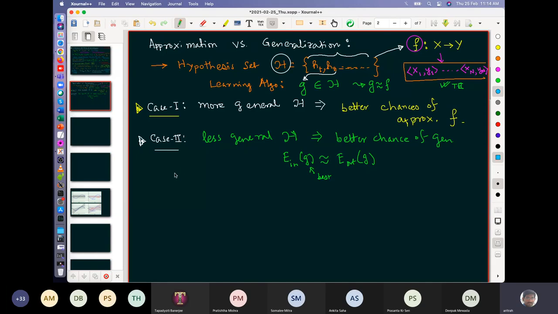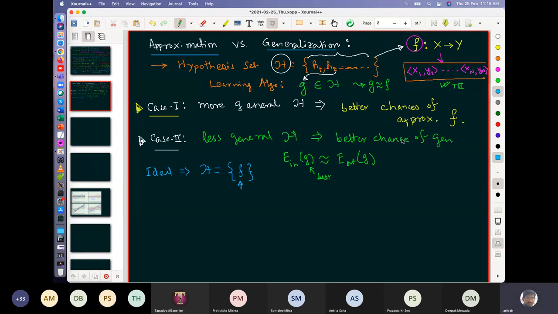So the ideal is that your hypothesis set only contains f. You can easily understand that, and then I just pick that up. That is the ideal. Go and buy a lottery. So two concepts are merged when I try to reason about approximation versus generalization.